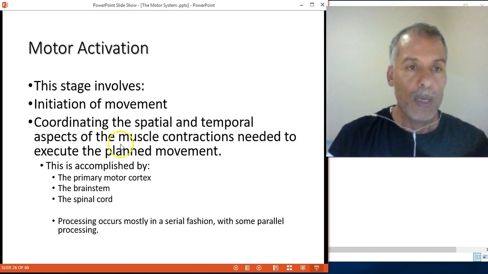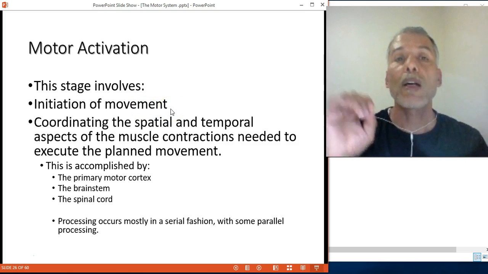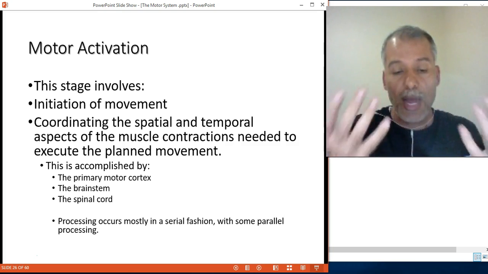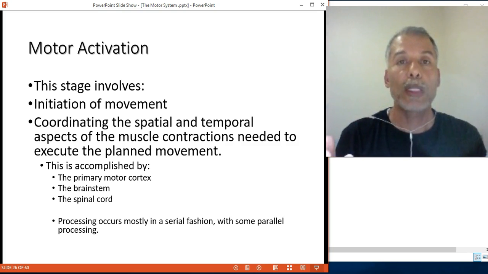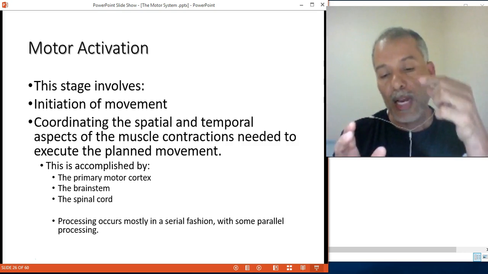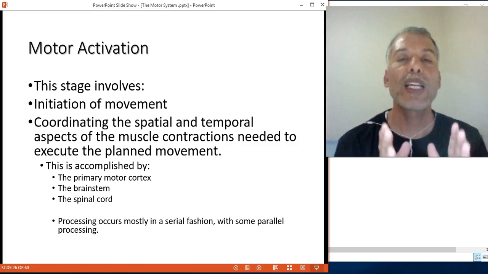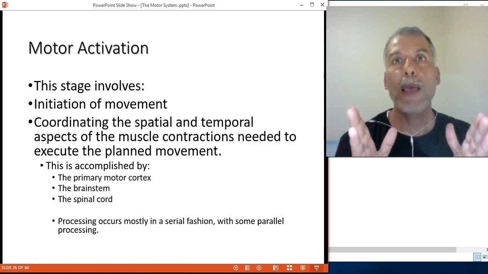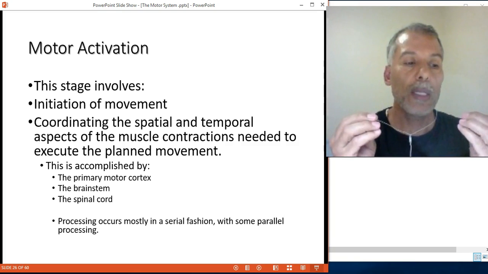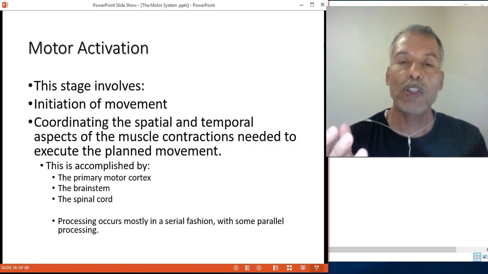So first, this stage involves initiation of the movement itself. Now you have the movement planned out, played, like you act out a play before you actually perform it, and then it is sent finally to the premotor areas, and finally to the primary motor cortex itself. From an anatomic perspective, you call the primary motor cortex the precentral gyrus.